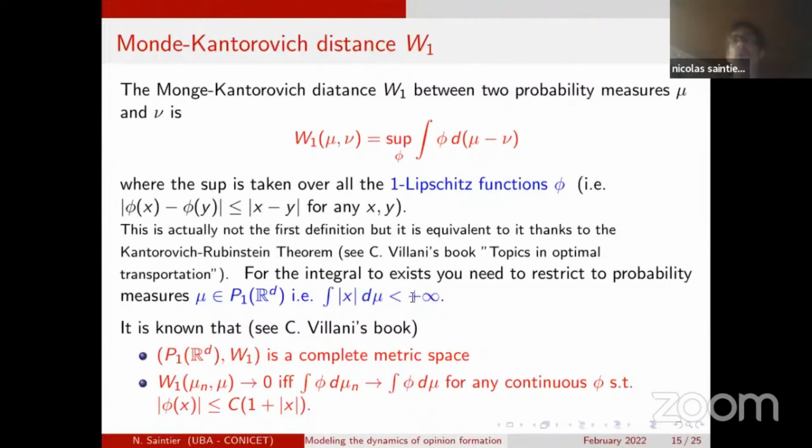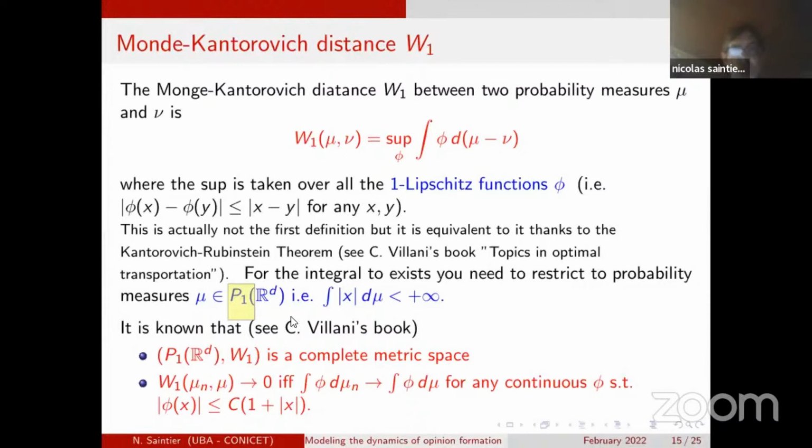And what you can prove is that this W1 is truly a metric. It satisfies all the axioms of a metric. And with this metric, the space P1 is complete, which is pretty nice.